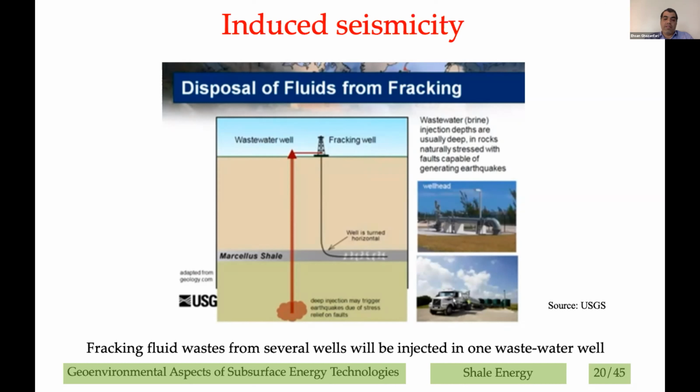A lot of cases have occurred globally, here in the United States specifically, in Ohio, Youngstown, for example, in 2011, an earthquake above magnitude 4, which was caused directly by injection of the waste fluid, specifically from Marcellus, and causing damage in Ohio. So this is again another side of the story of flowback.